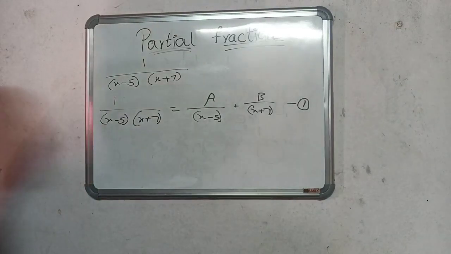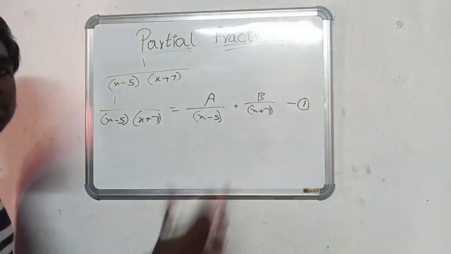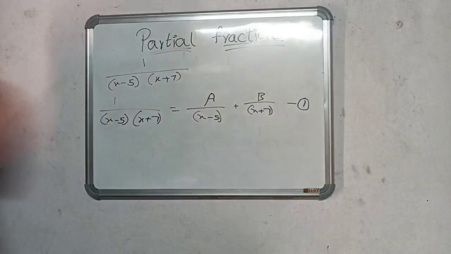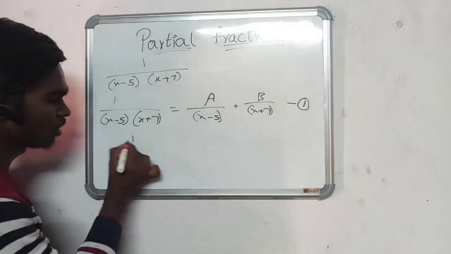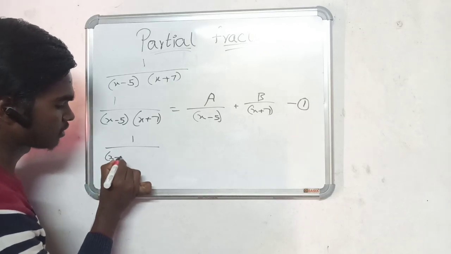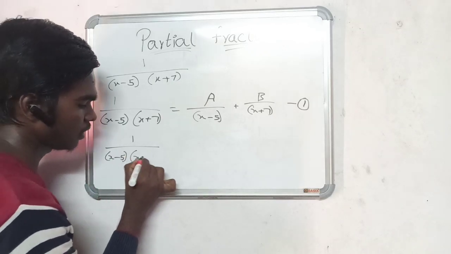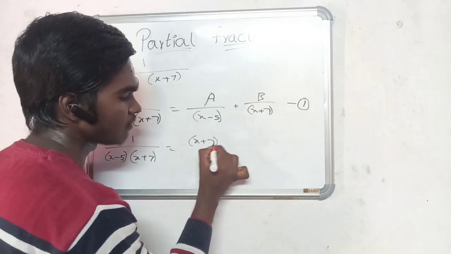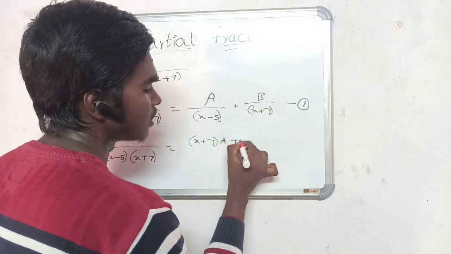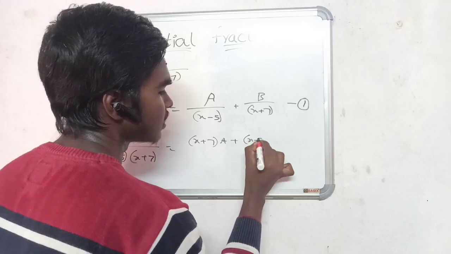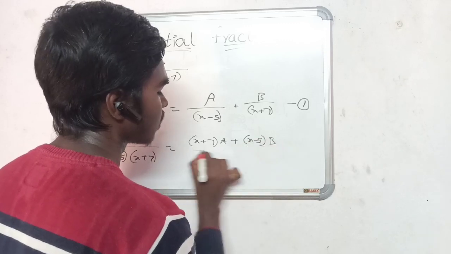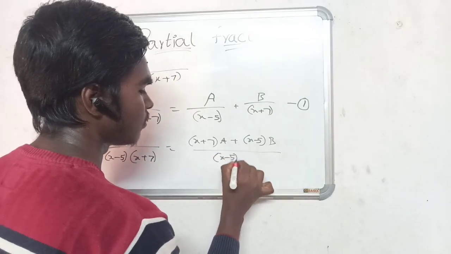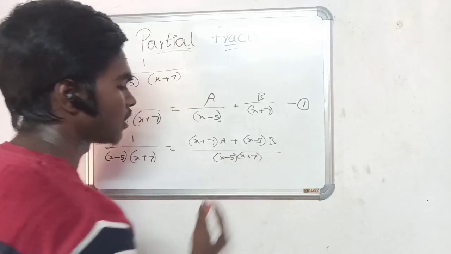And now take the LCM for these two. If you take the LCM, then the expression is as follows: 1 by x minus 5 into x plus 7 is equal to a into x plus 7 plus b into x minus 5, by x minus 5 into x plus 7.